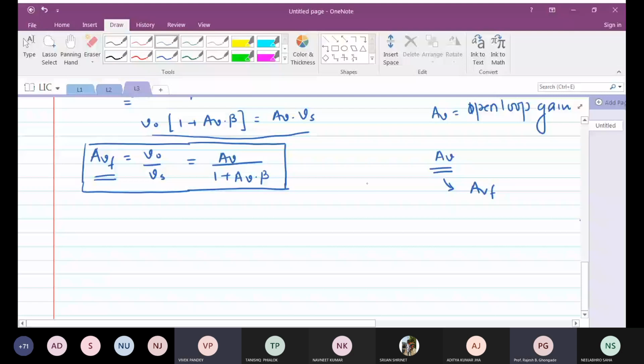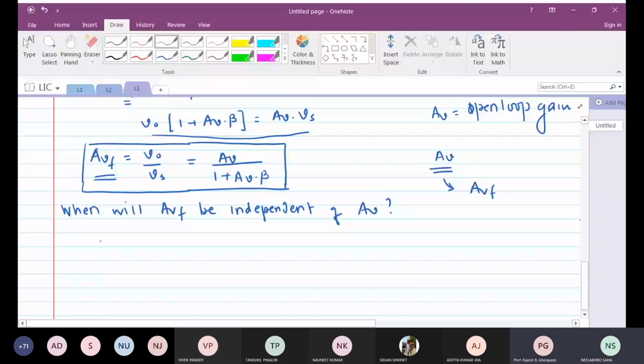When will AVF be independent of AV, is my question. Yes? Any ideas?